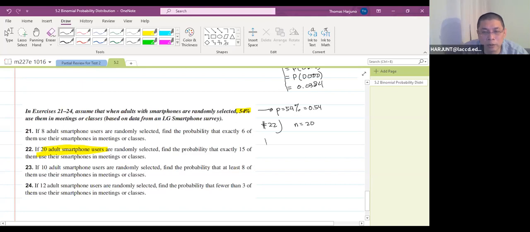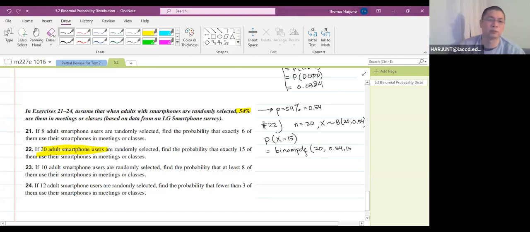So in probability notation, probability X equals 15, where X is binomially distributed, N equals 20, P is 0.54. So this equals binompdf(20, 0.54, 15). Okay.